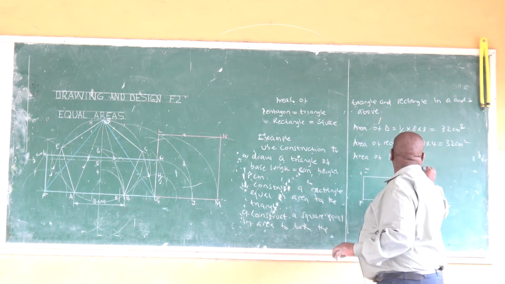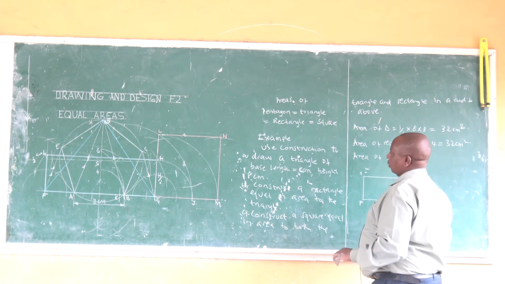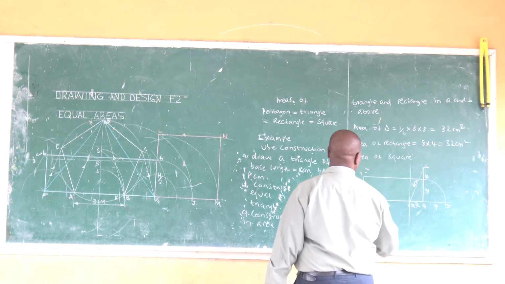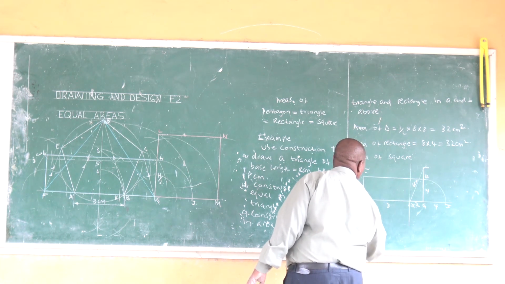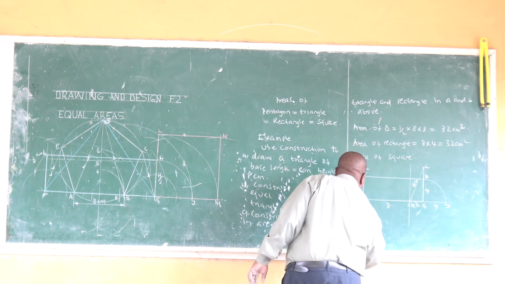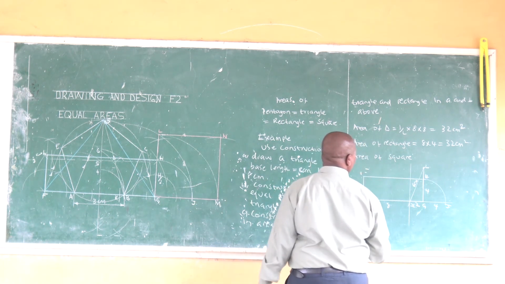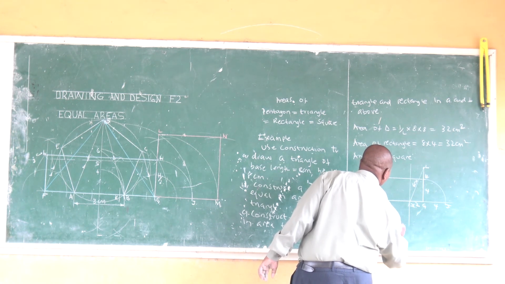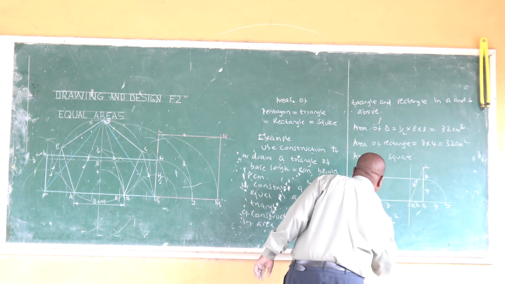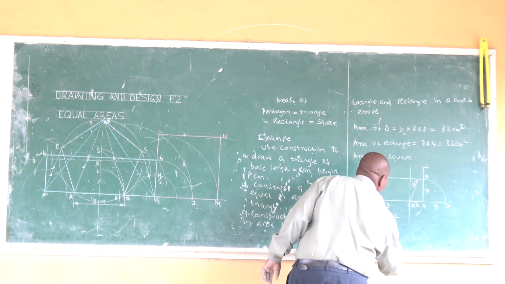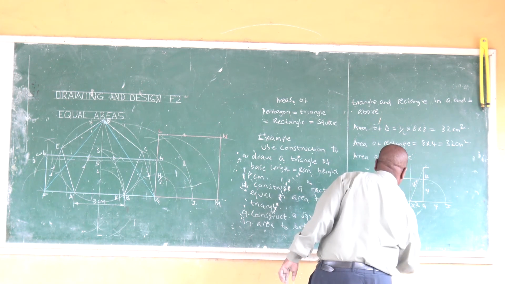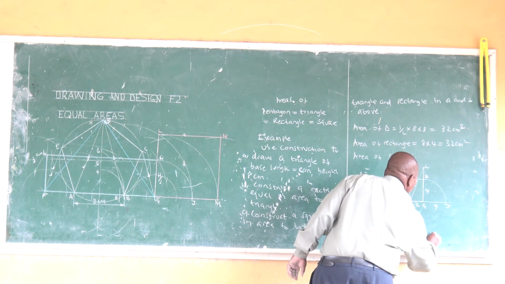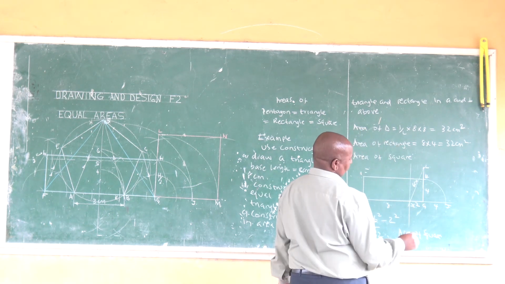So we can get this point, which we said is L. We can get GL. Then GL squared is equal to 6 squared minus 2 squared, which will be equal to the square root of 32. Therefore, the area of the square is equal to side squared.